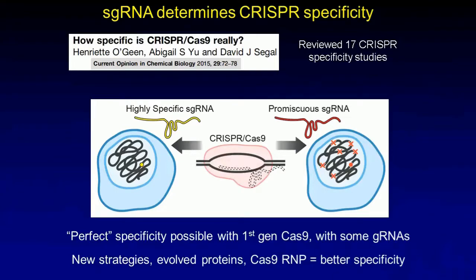That is to say, in many cases, using different guide RNAs, they were able to find some CRISPR-Cas nucleases that essentially didn't show any off-target activity in their assay.